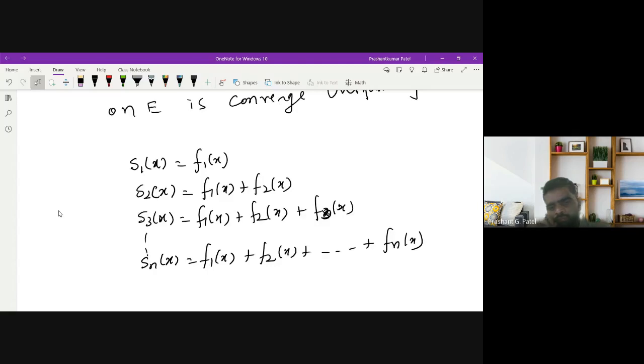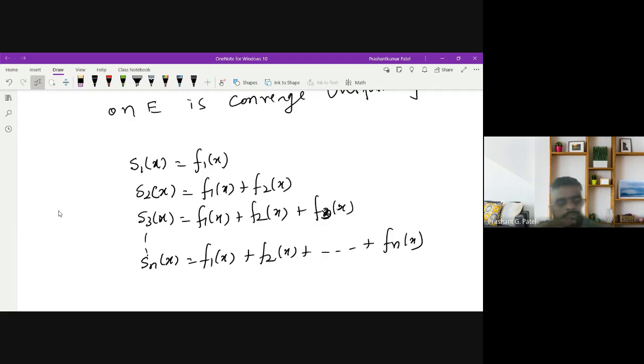So every time you want to check whether a given series is uniformly convergent or not, we have a very interesting result on this series of functions.